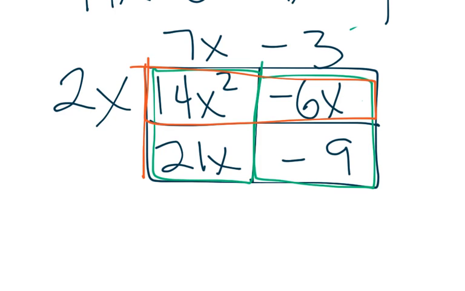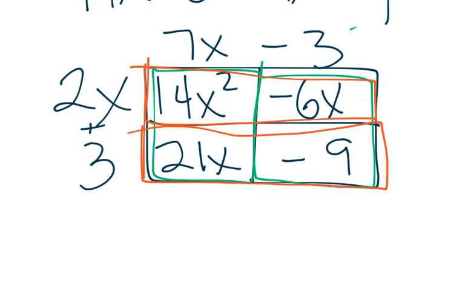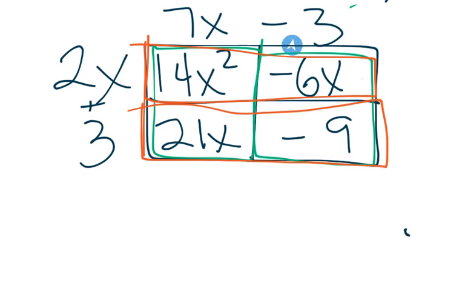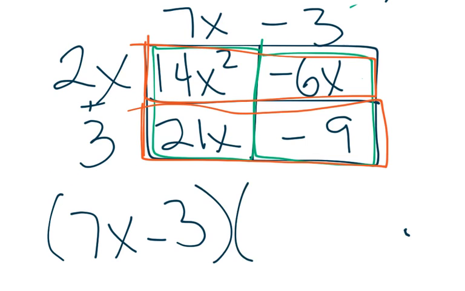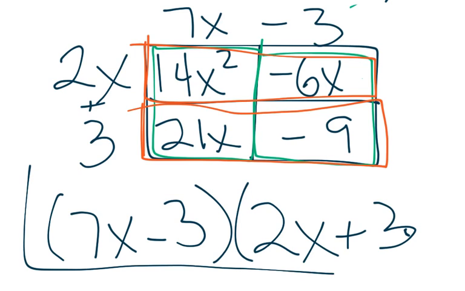And then going across again, 21x and negative 9, what they have in common is 3. So these are our two factors, 7x minus 3 and 2x plus 3. And this is our final answer.